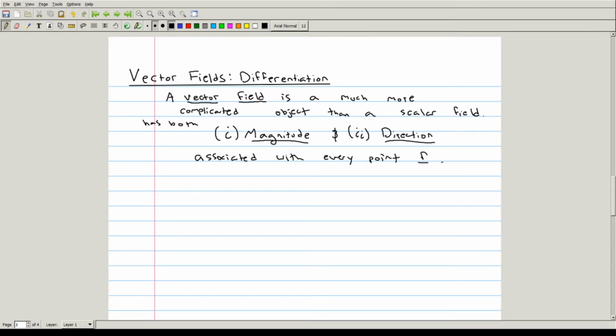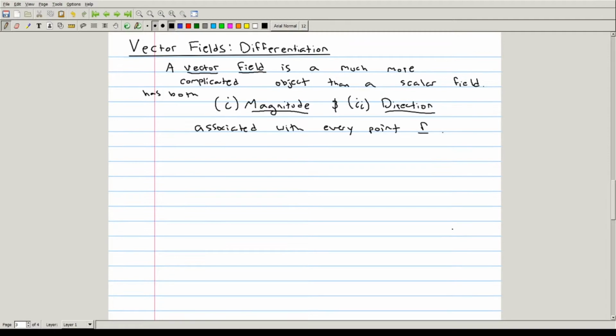In general, these different types of rates of change will give us a full picture for a given vector field about how it's changing. But these two types of rates of change are called the divergence and the curl of the vector field, respectively. And in some sense, the divergence gives you the amount of stretching or compressing a vector field is doing.